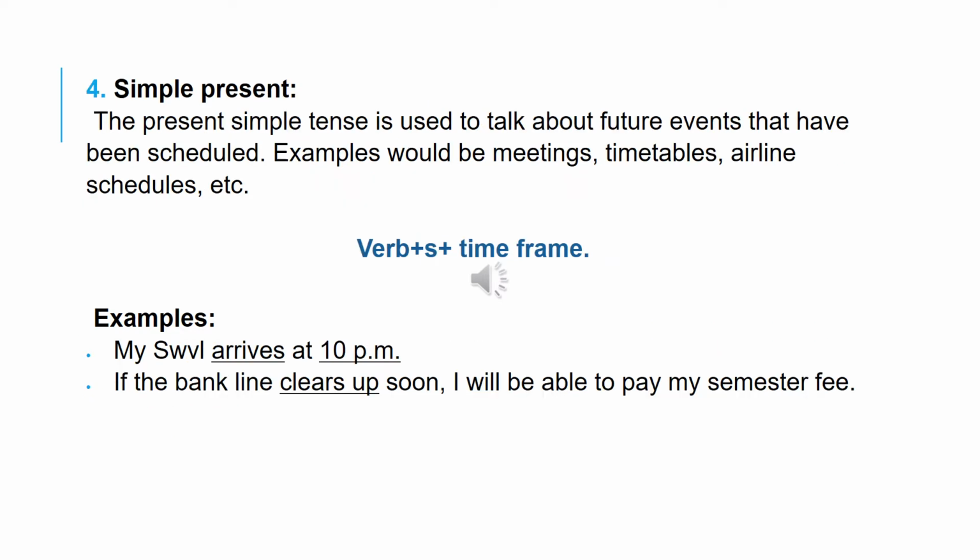Okay, so when we talk about simple present, it's limited to three things. You have to keep in mind these three things when you're talking about simple present for future use. One, it is used for fixed actions or events, like timetables or programs or schedules.